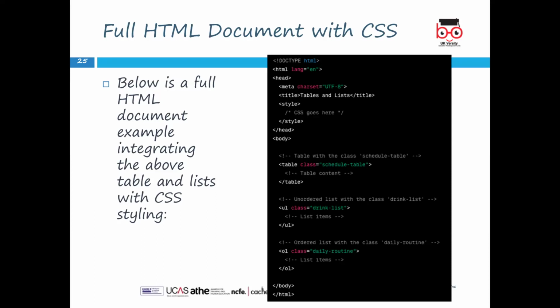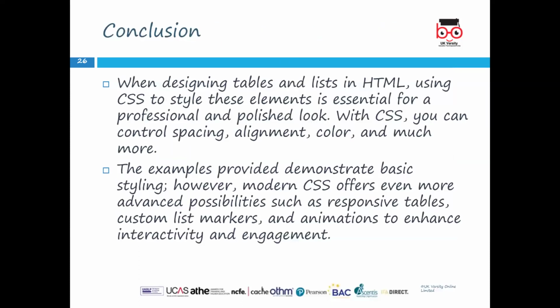As you can see below is a full HTML document example, in which we're now integrating tables and lists with CSS styling. It would be nice if you can try to recreate this yourself and see the outcome and how it looks in your web page.